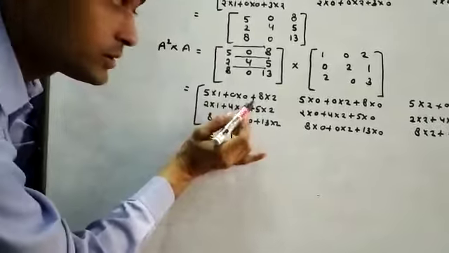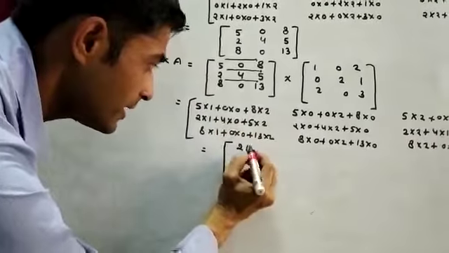5 multiply 1 is 5, 0, 8 multiply 2 is 16, 16 plus 5 is 21.